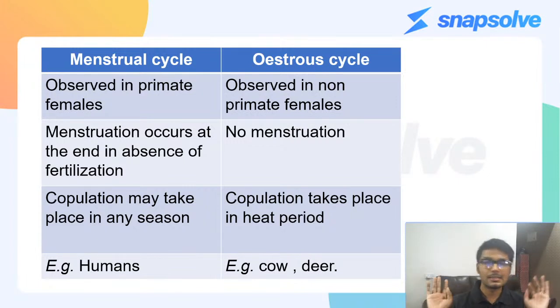The couple is hale and hearty and they can copulate in any season. But in estrous cycle, they have a certain window, a period, a season in which they have that urge to copulate. Clear? Example: menstrual cycle in humans, and estrous cycle in cow, deer.